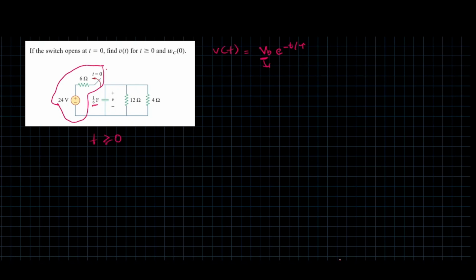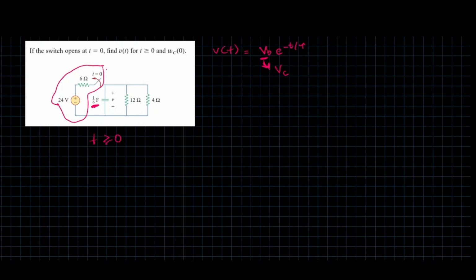Because when the DC battery was connected, the capacitor was charging up. After you disconnect the battery, the capacitor will be the one to act as the battery source for the circuit. So that V naught, the initial voltage in the circuit, is determined by what is in the capacitor in that moment. So you may see them writing VC here as well.